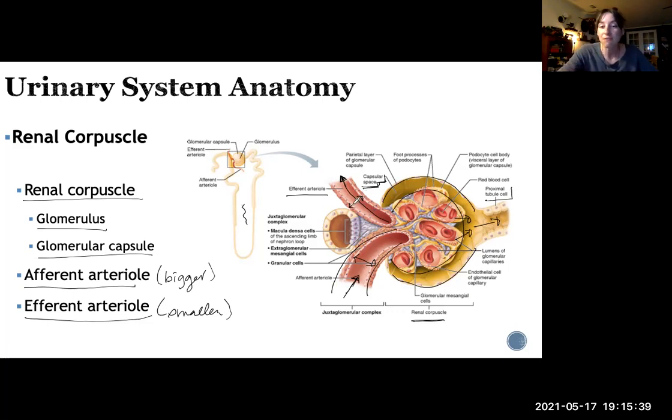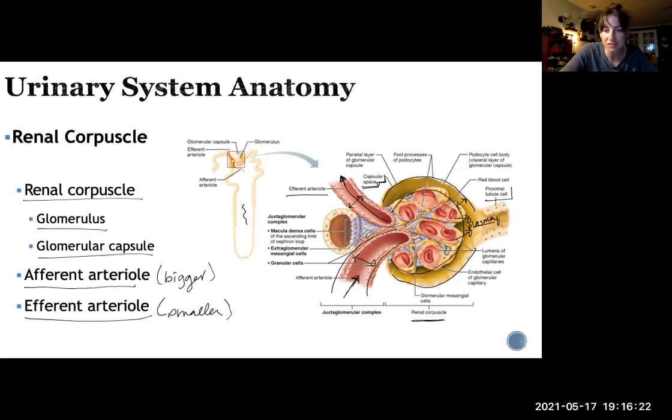The efferent arteriole is narrower and smaller so that the blood coming in through the afferent arteriole has to spend more time in the glomerulus. It creates pressure inside of the glomerular capsule. If blood is coming in faster than it's leaving, then you will have an increase in pressure here inside of the glomerular capsule. That pressure is what allows plasma to be basically sucked out of these capillaries into the capsular space.